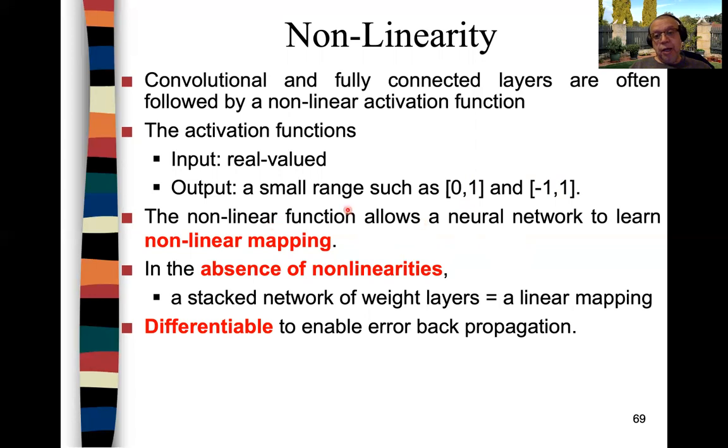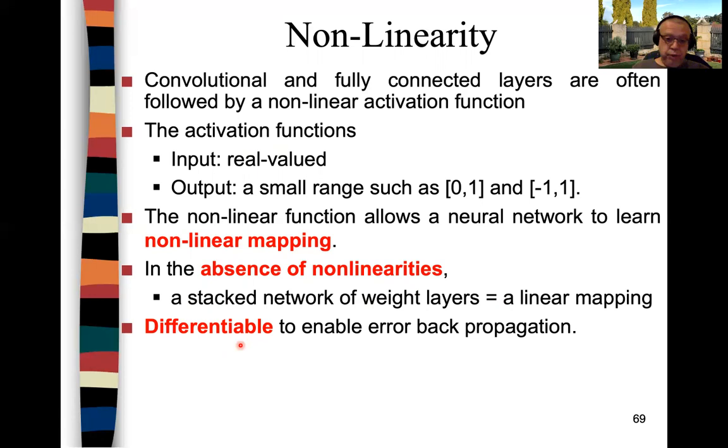We need this nonlinear function because we want to learn a nonlinear mapping. In the absence of nonlinearities, we would end up with a stacked network of weight layers that only gives us a linear mapping. And we want this activation function to be differentiable for learning.